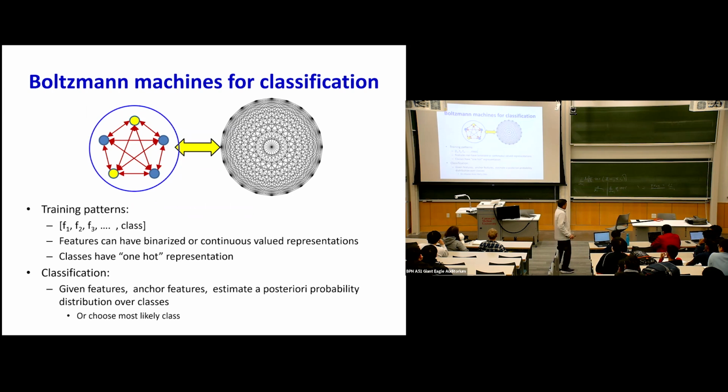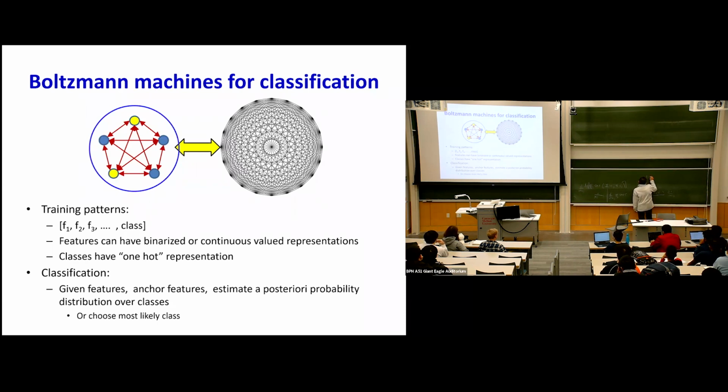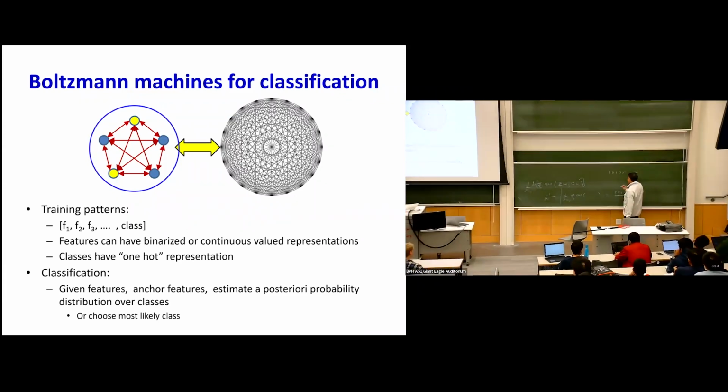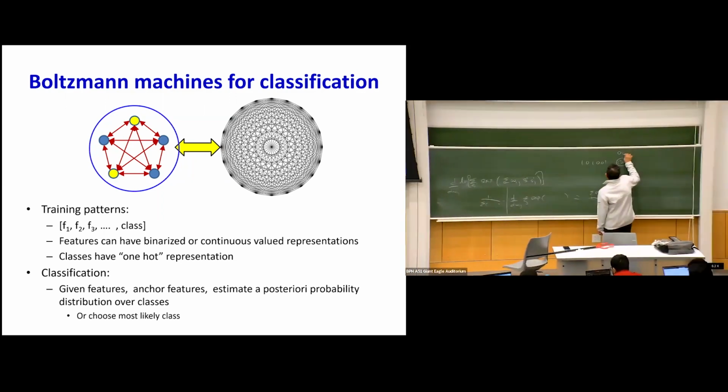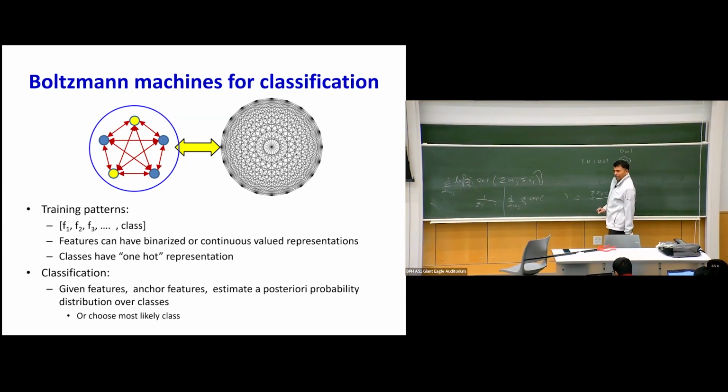So if you were training, in your conventional training, you might have a feature which says 1, 0. I'm just assuming it's a binary feature. It doesn't have to be binary. And then you say cat, but your cat has some binary representation, say 0, 0, 1, right? I can just call this whole thing an extended pattern, where these were the feature bits and these were the class bits.